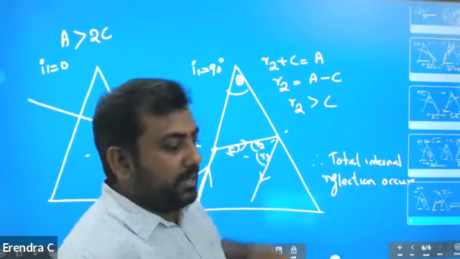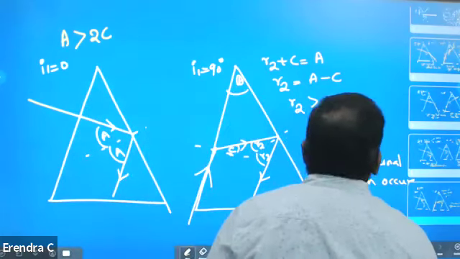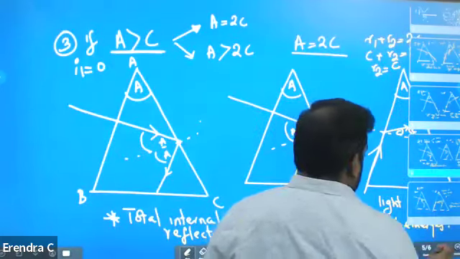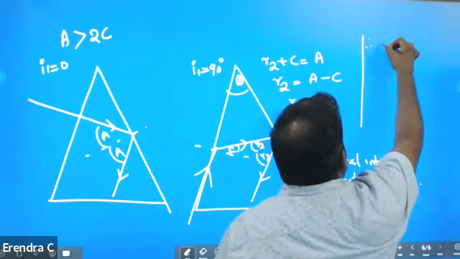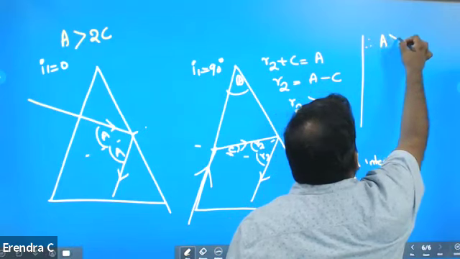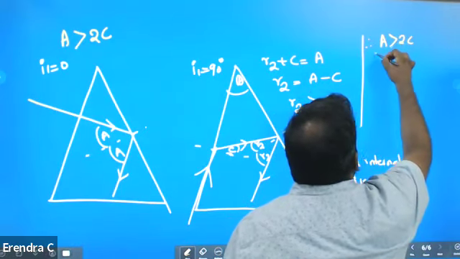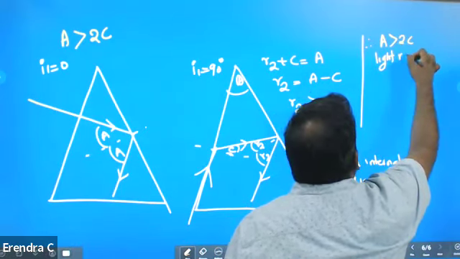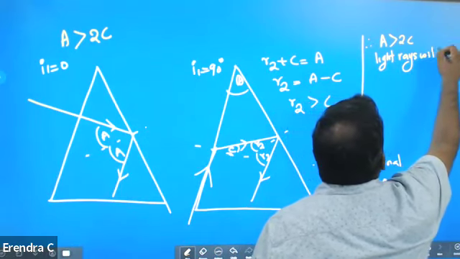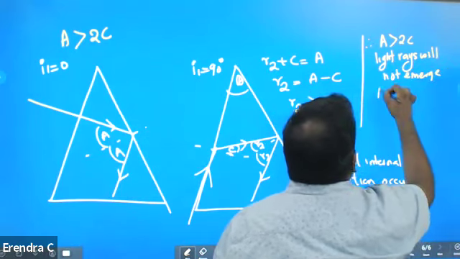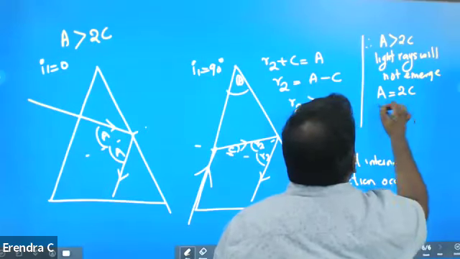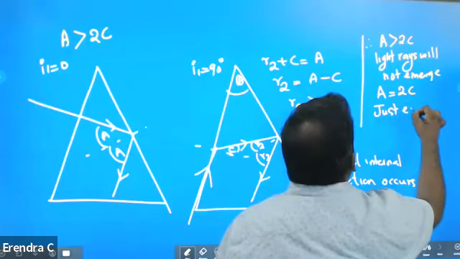So you can come to a conclusion. Therefore, A greater than 2C: light rays will not emerge. A equal to 2C: just emerges.